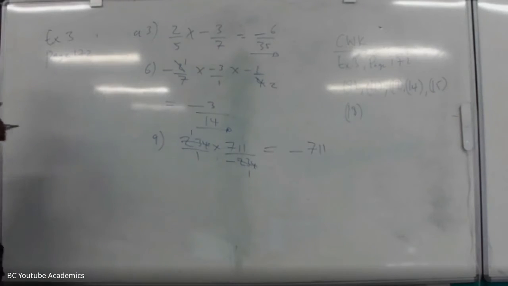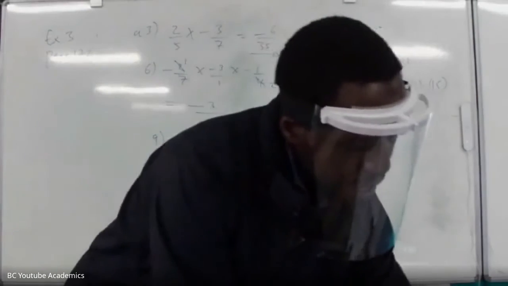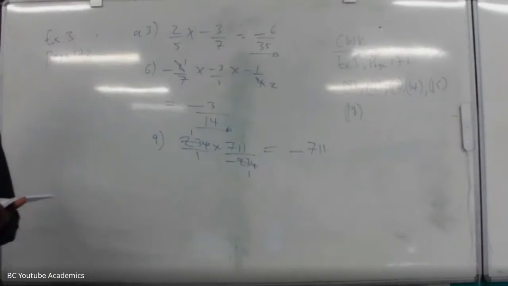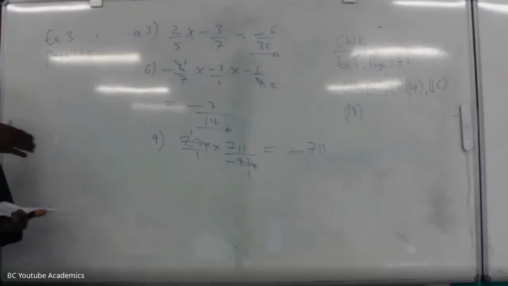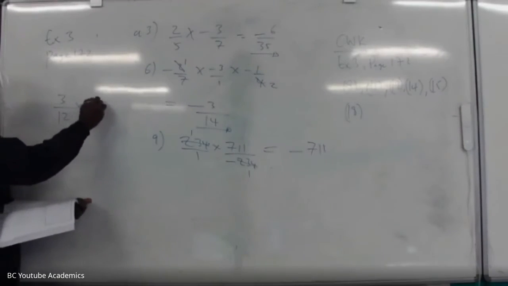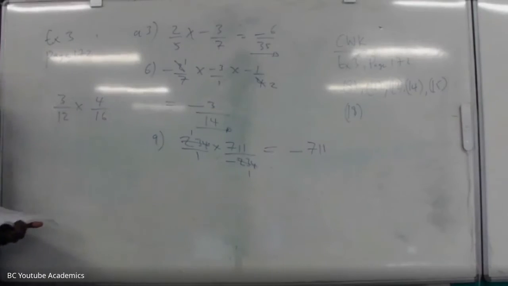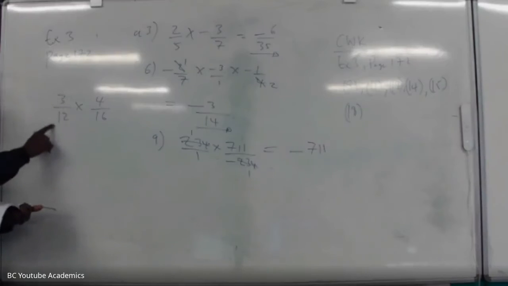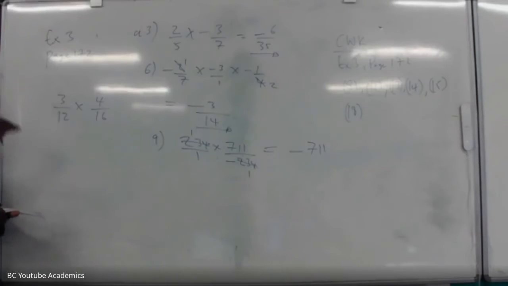Okay, well there's no example here, but I will explain why. This is why. Right? Because in this case, that's not cross cancelling, that's just cancelling, bottom and top.